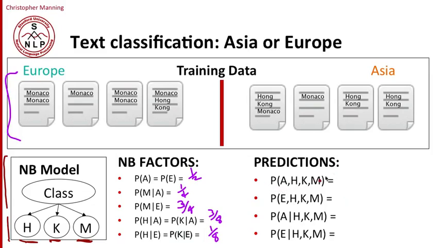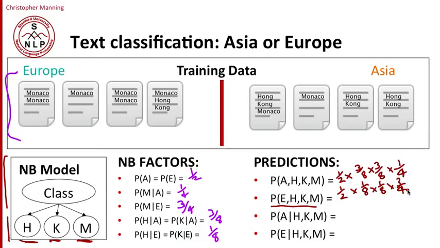So for the joint probability of Asia and all the words is 1/2 times Hong given Asia 3/8 times 3/8 for Kong times 1/4 for Monaco. The probability of this joint probability for Europe is 1/2 times 1/8 times 1/8 times 3/4.